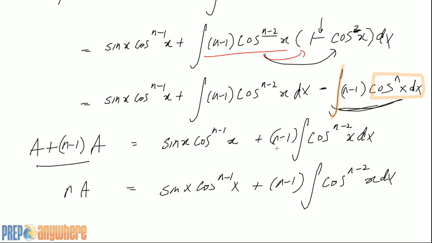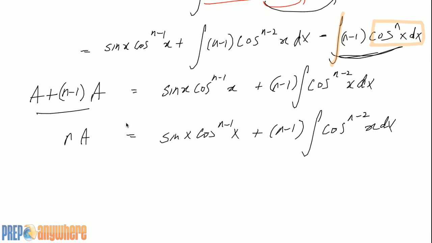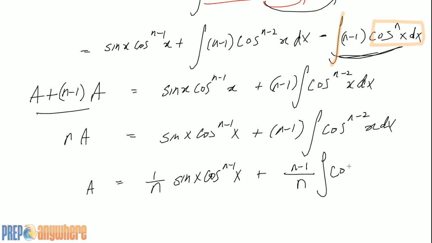Let's divide both sides by n, and then we get 1 over n, sine x cosine^(n-1) x plus n minus 1 over n integral of cosine^(n-2) x dx, which is the formula that they wanted us to prove.